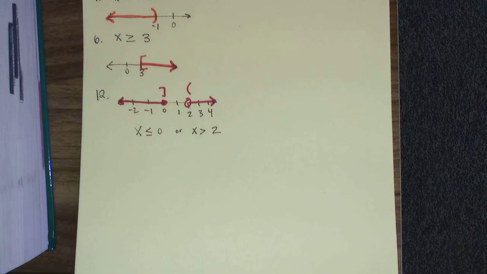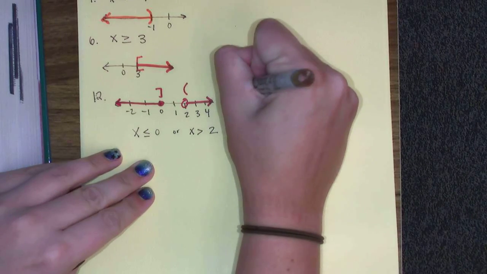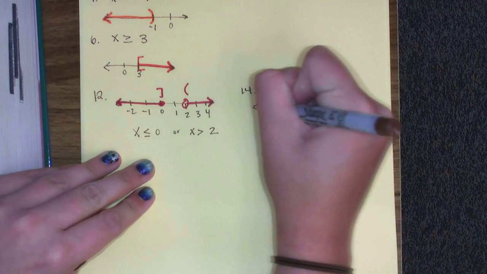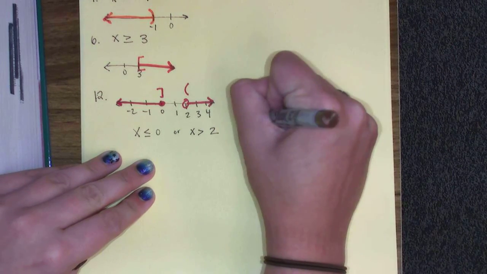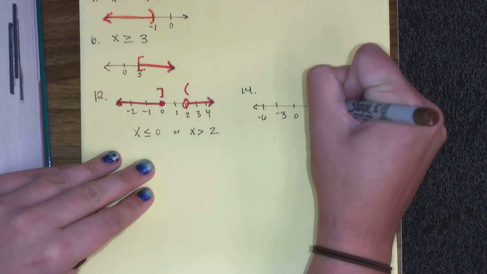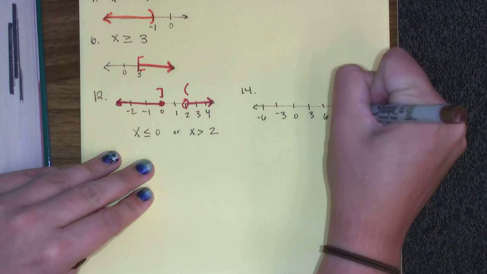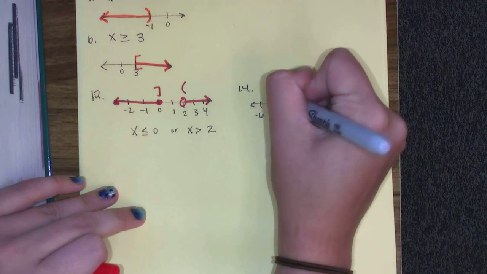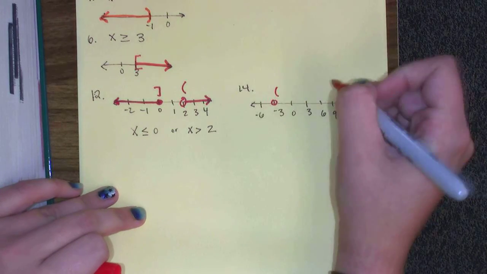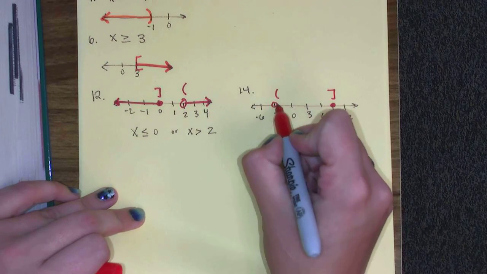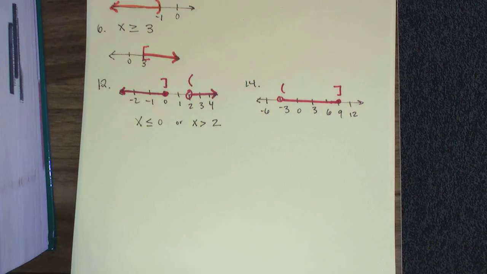So we'll look at an and one real quick. So 14, they've got -6, -3, 0, 3, 6, 9, 12, and they have an open circle at -3, okay, like for us, parentheses, and a closed circle at 9, say, okay, so a bracket for us, and then it's colored in the middle.